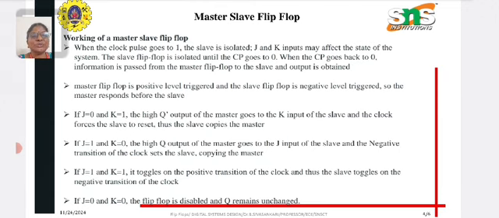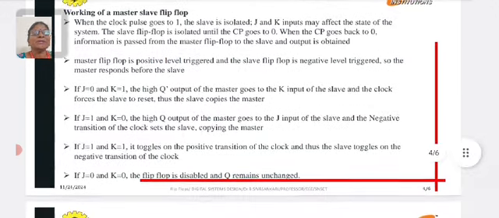If J is equal to 0 and K is equal to 1, the high Q bar output of the master goes to the K input of the slave and the clock forces the slave to reset. Thus, the slave copies the master. If J is equal to 1 and K is equal to 0, the high output of the master goes to the J input of the slave and the negative transition of the clock sets the slave, copying the master.